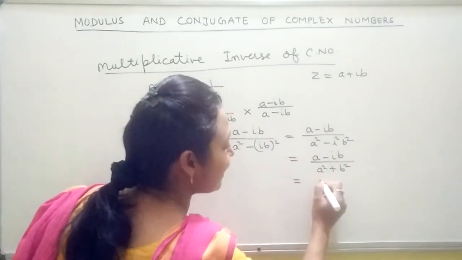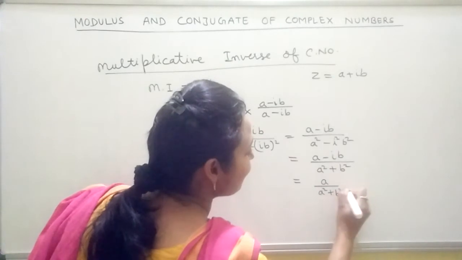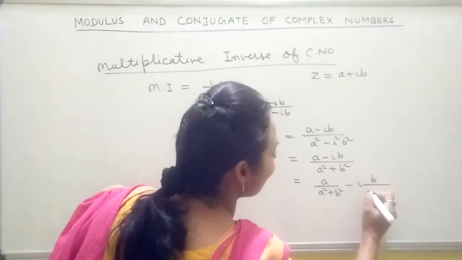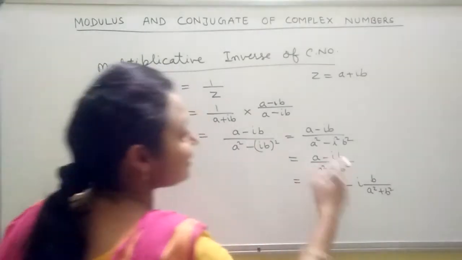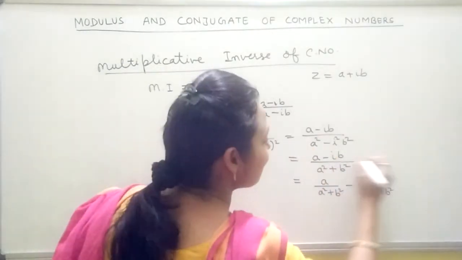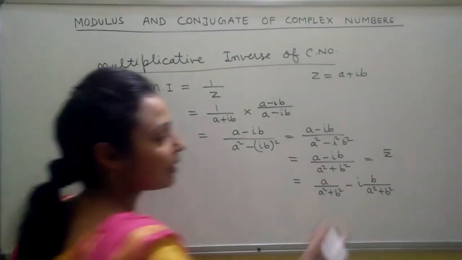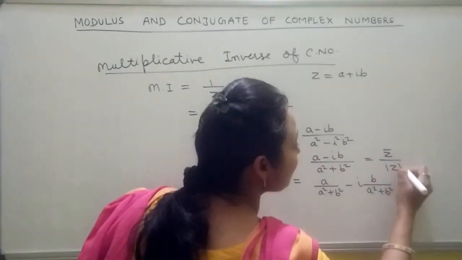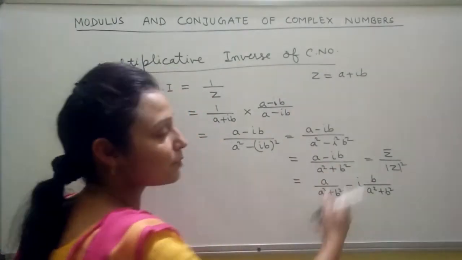So we can write it as a upon a square plus b square minus iota b upon a square plus b square. If I consider this one, this is z bar, and this is z mod whole square, because z mod is under root of a square plus b square.